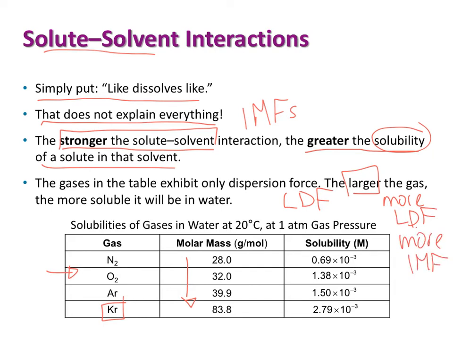So take a look at the solubility. The larger molar mass gas also has the largest solubility, and the smallest has the smallest solubility. So the more IMFs you have, in this case London dispersion forces, the greater the solubility.